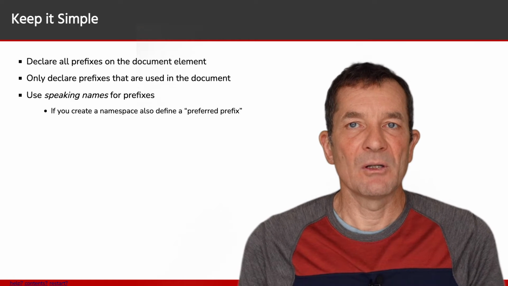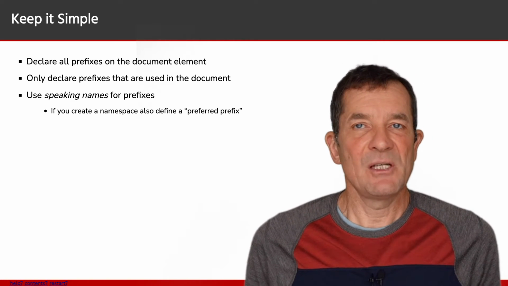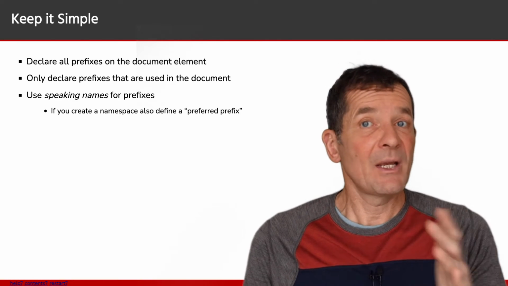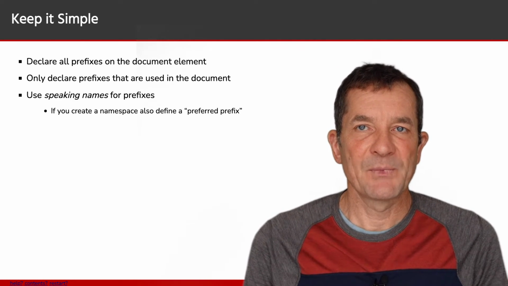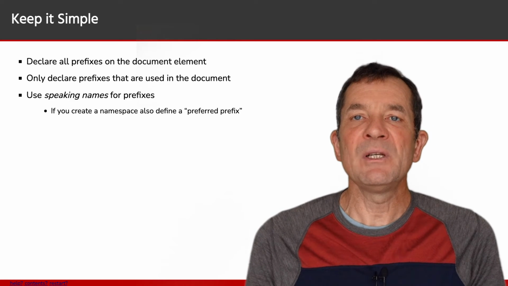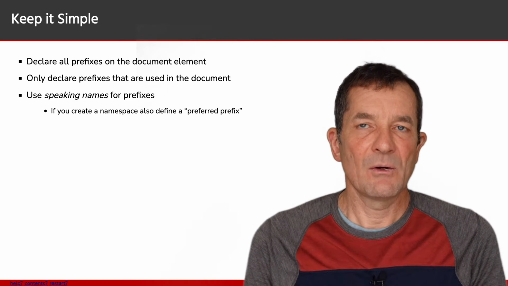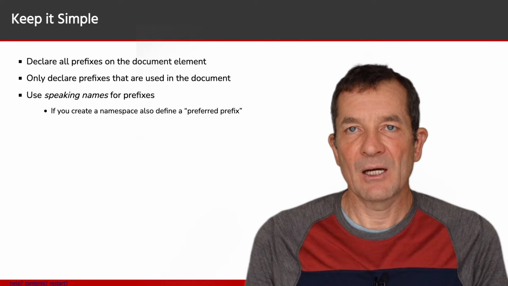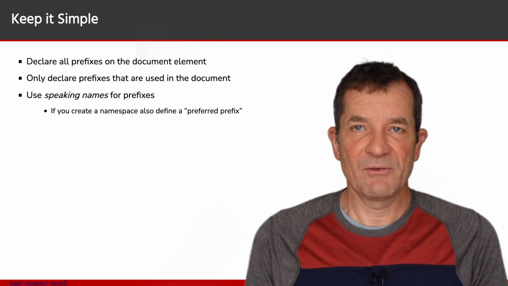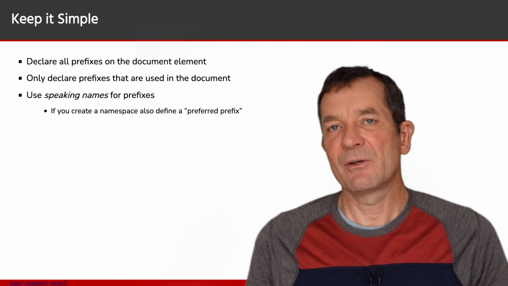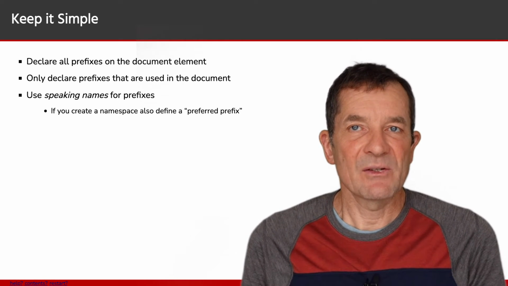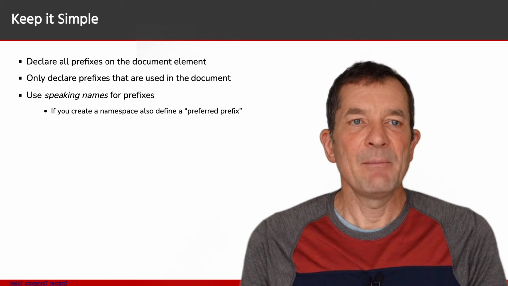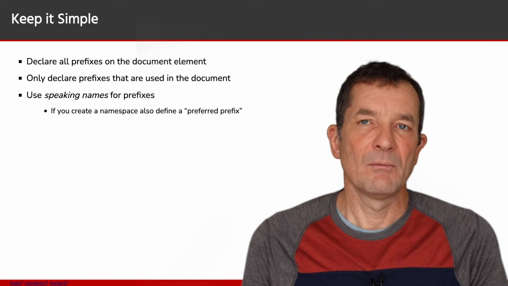A lot of people also call it the root element, because that makes it much easier for people to immediately look at such a document and see, okay, here are all the namespace declarations. It's also nice to only declare those prefixes, or those namespaces, that you are actually using in the document. That makes it easier for people to answer the question that we were just looking at in the demo: which namespaces are even used in this document? That's a nice touch and makes it easier for people to work with your XML.